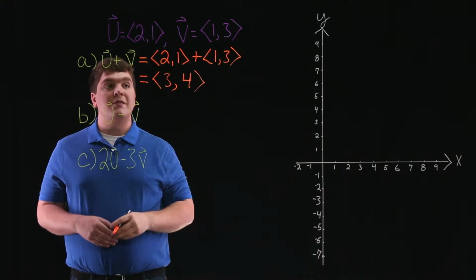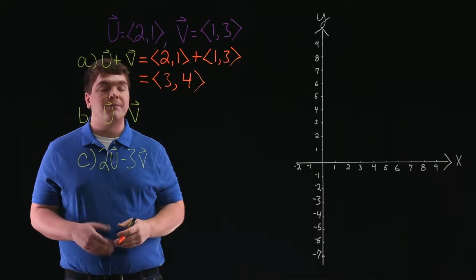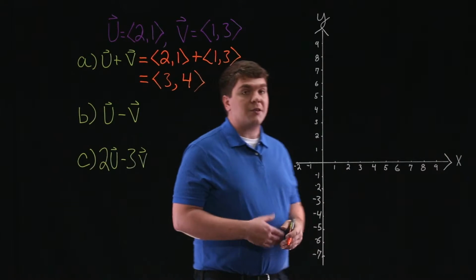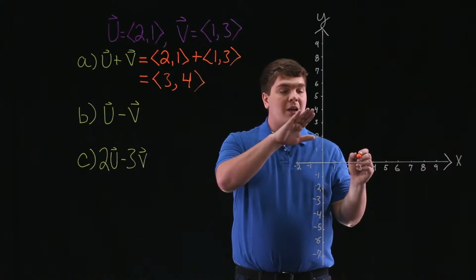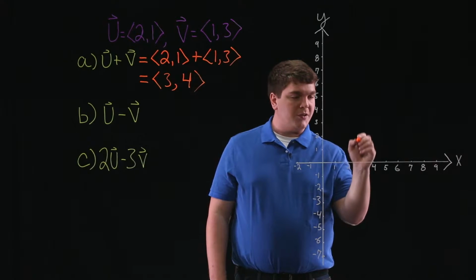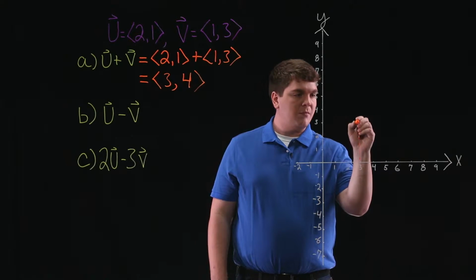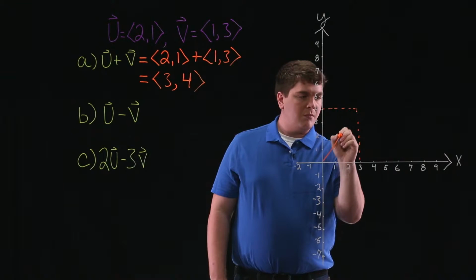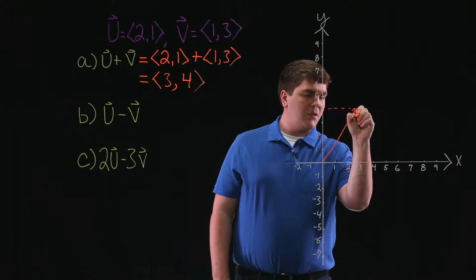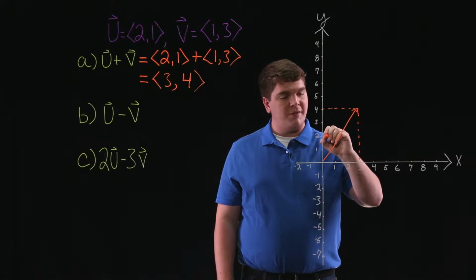So u plus v is the vector 3, 4. Now to graph this vector, we'll go 3 in the x direction and 4 in the y direction from the origin. So there is our vector u plus v.